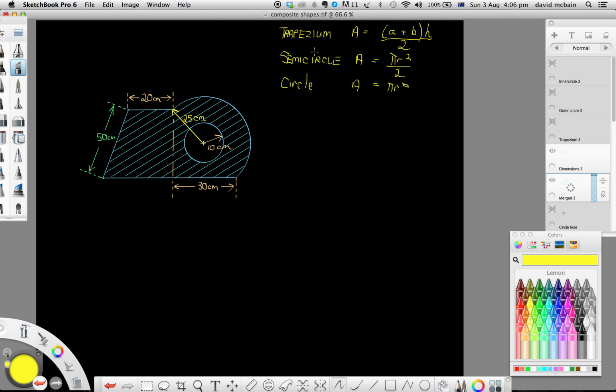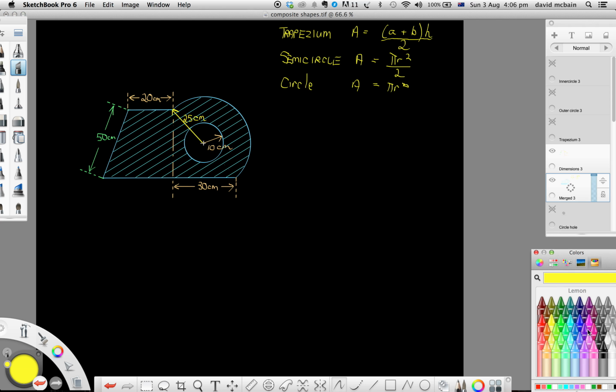Okay, let's see what we can do here. Now, let's start with the trapezium. Area of the trapezium, there's our subheading. Let's see what we know.